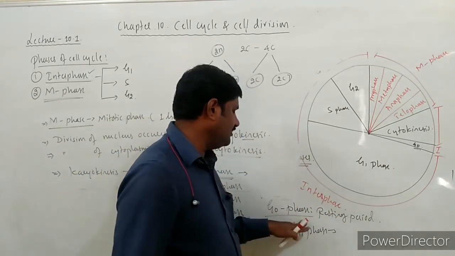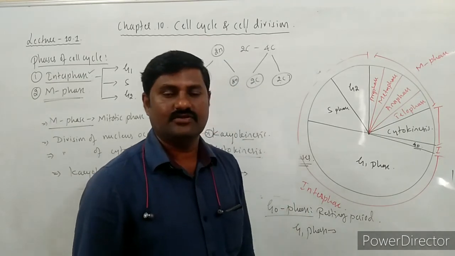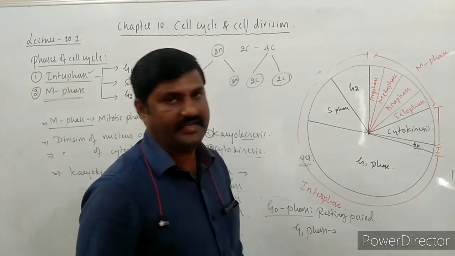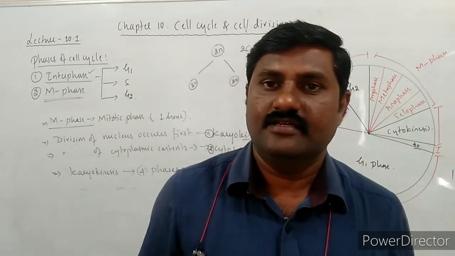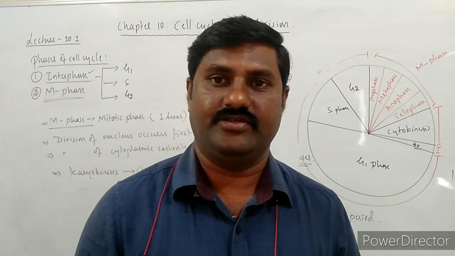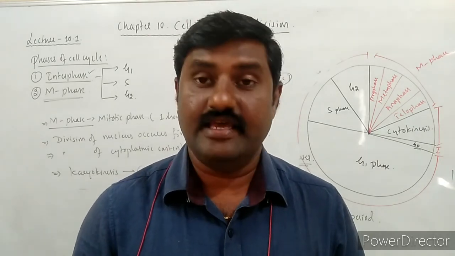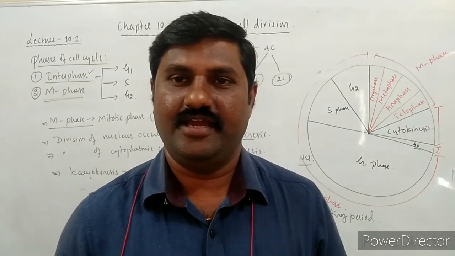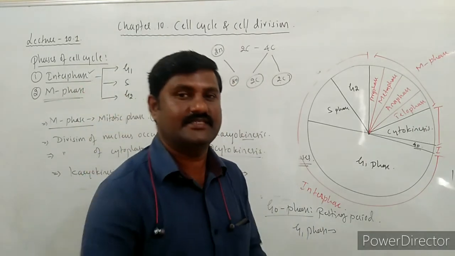That is called the G0 phase. In this phase, cells are not metabolically active, right? And they differentiate themselves into different types of mature cells.